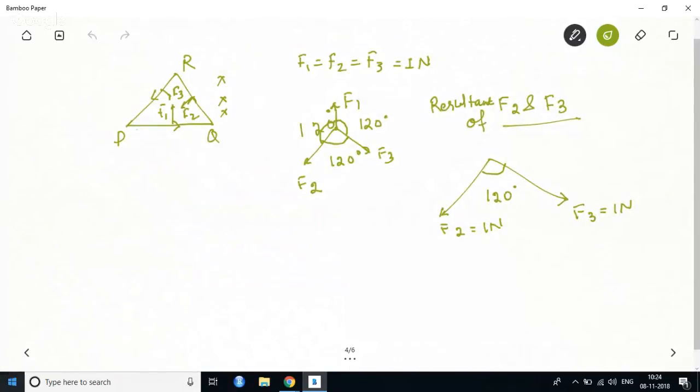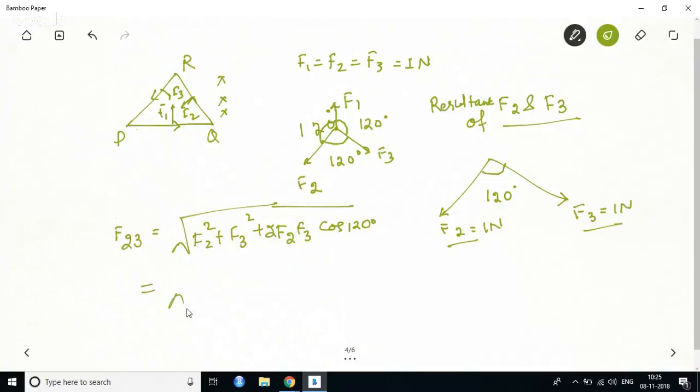So the question is I have to find out the resultant of F2 and F3. How do you find out F2, F3 resultant? So resultant of F2 3 would be under root F2 square plus F3 square plus 2F2 F3 cos 120.